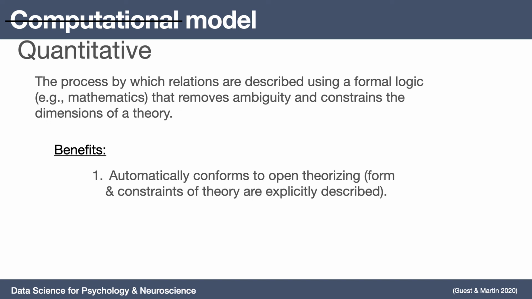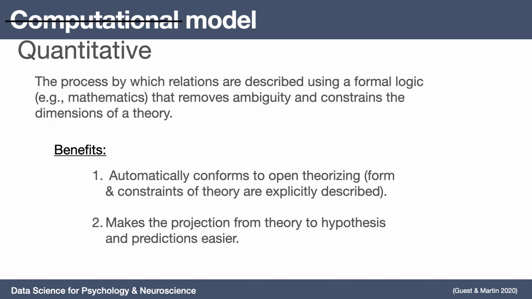The form and constraints of your theory are explicitly described each time you generate them. And it makes the projection from theory to hypothesis to predictions easier. Adopting a more quantitative way of defining your theories and your hypotheses makes it easier to test them because they're already in the form that you're going to test using quantitative data.